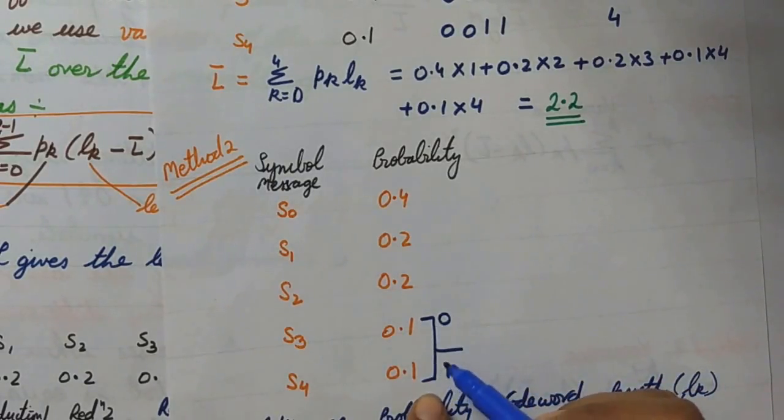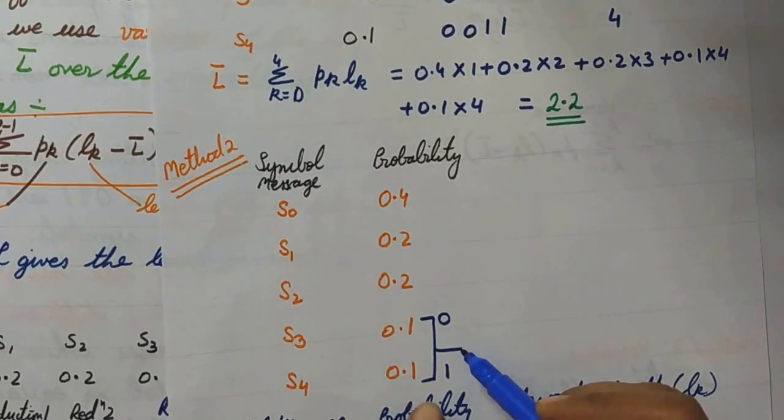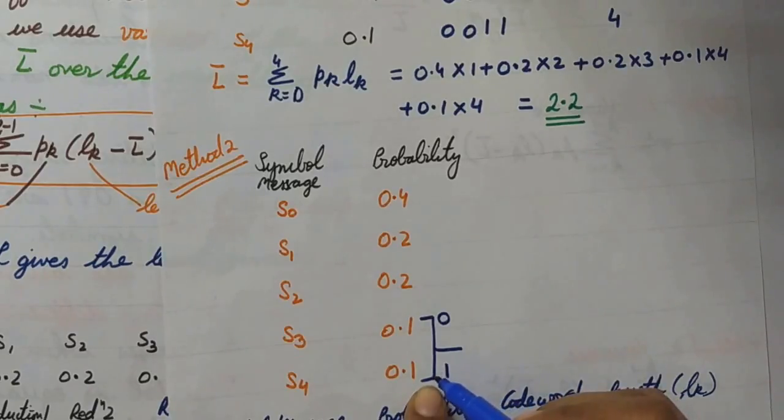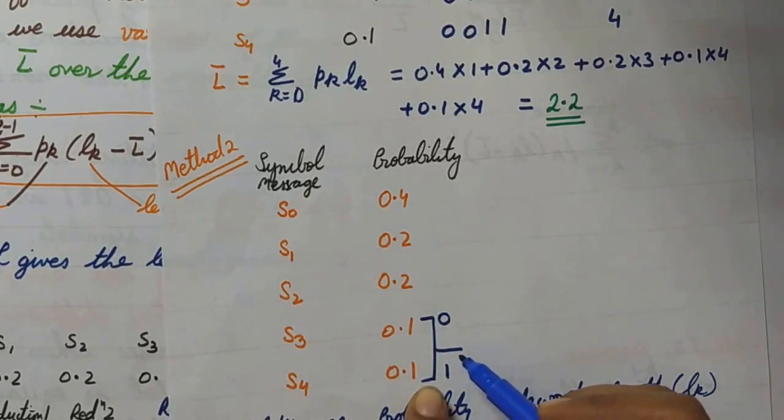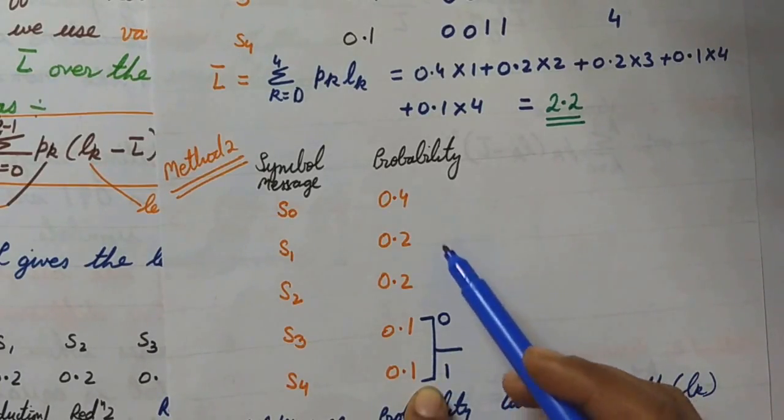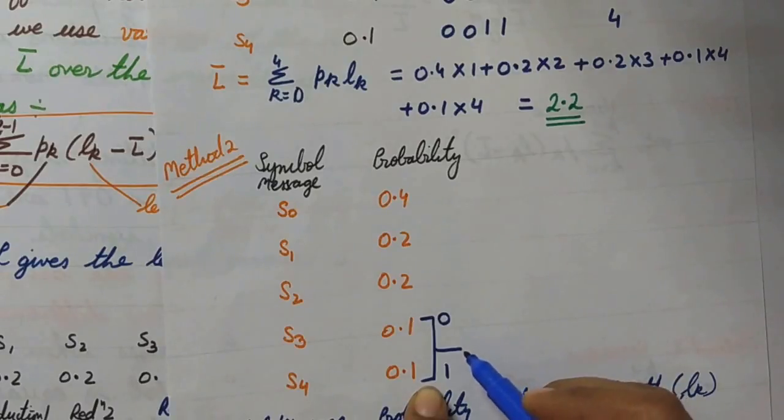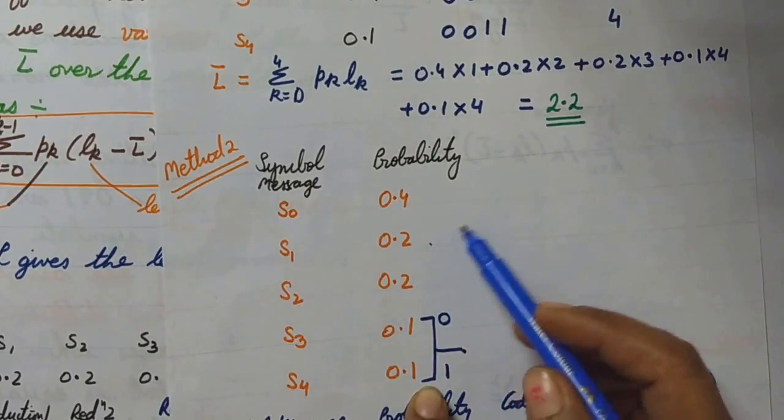In this method, my method here is to place this sum 0.2 as high as possible. As high as possible means if there are already probabilities of the same value, like 0.2, and there are already 2 0.2s, then this sum 0.2 will go on top of these 2 0.2s.